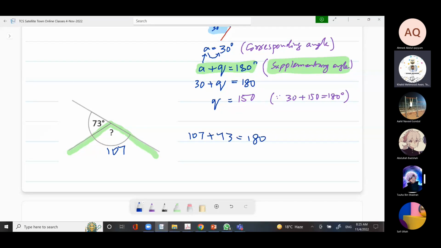Sir, and how, sir, it is 116. 116? Okay, let's check it out. Someone says 116 and one says 107. So let's check which one is correct.